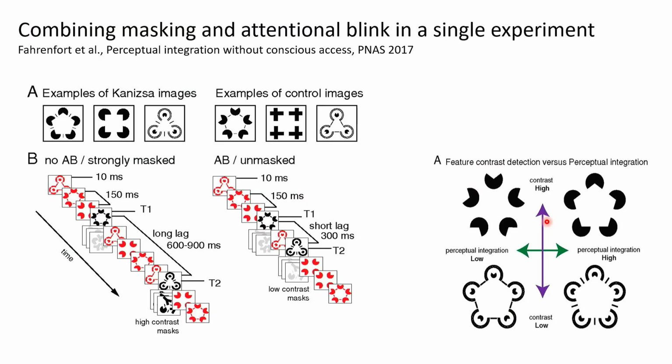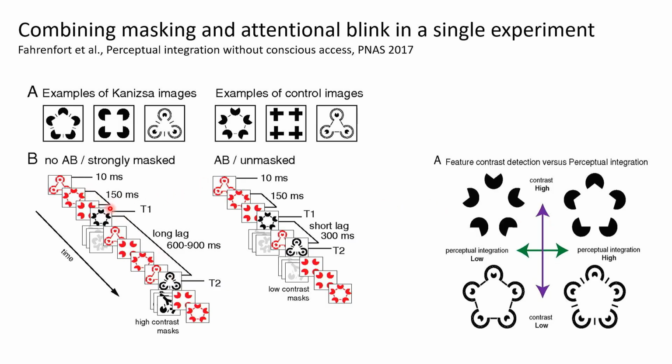And in this experiment, they actually combined these two manipulations of consciousness, you could say, the visibility manipulation by masking and the attentional manipulation by using an attentional blink in a single experiment, so as to really get at how these perceptual inference mechanisms depend on these two different ways of manipulating whether people say, I saw this or not.